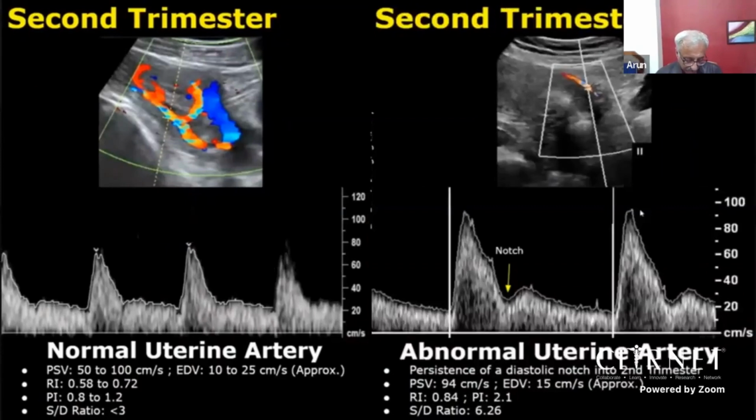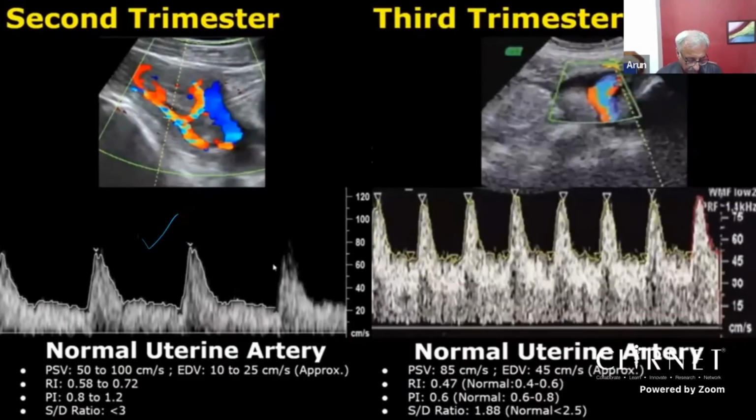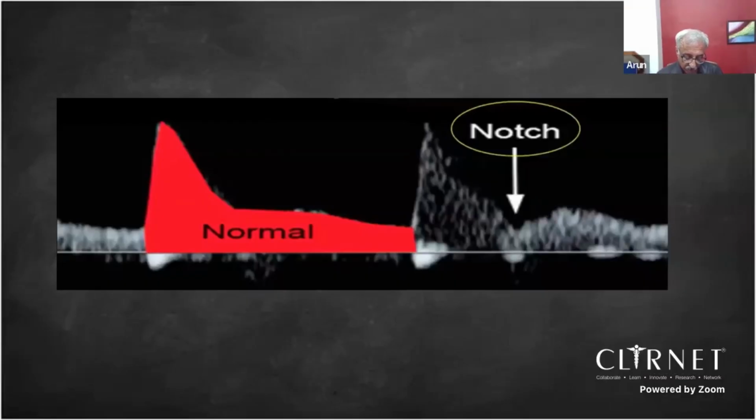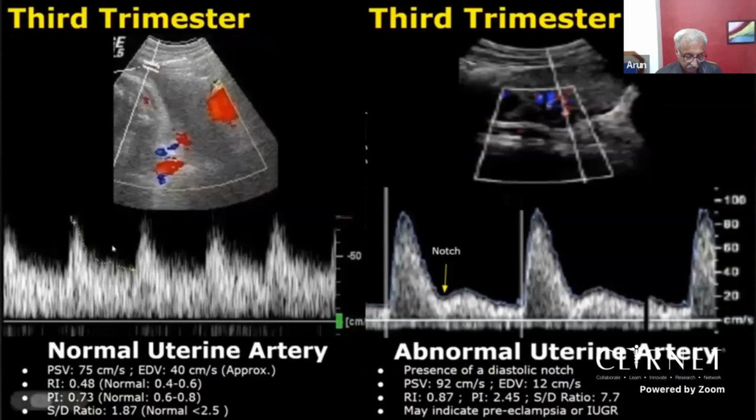That is one part. A second part is your PI, PI is important. We have nomograms which are available for PI at different gestations. So now take this. Now this is normal and this is not. Now see, the third trimester, this should be like this.